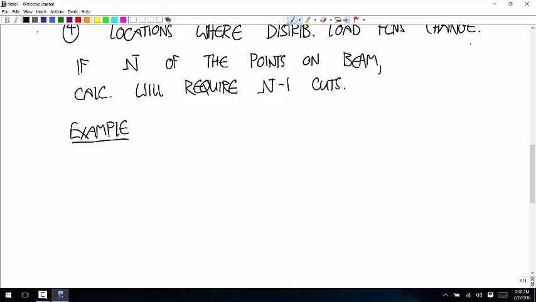Okay, so here's the example. This time we have a pin joint at the left, a roller in the middle, and a force of 1,000 newtons at the end, where this angle is 30 degrees.